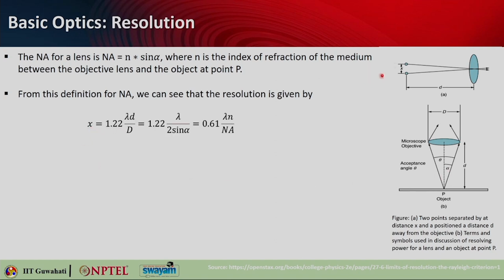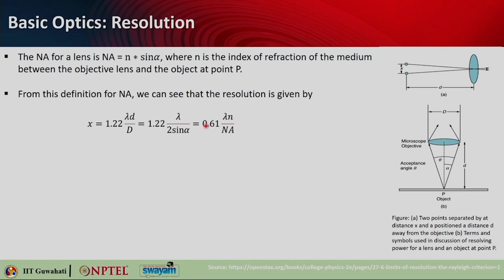So, now you can correlate what your x is. x can be the separation between the two objects which are resolved. So, x equals 1.22 lambda small d over capital D. From that you can write 1.22 lambda over 2 sin alpha, and that can be simplified to 0.61 lambda n over NA.